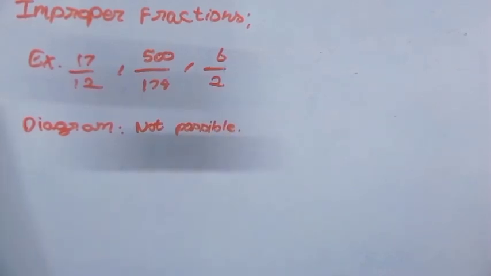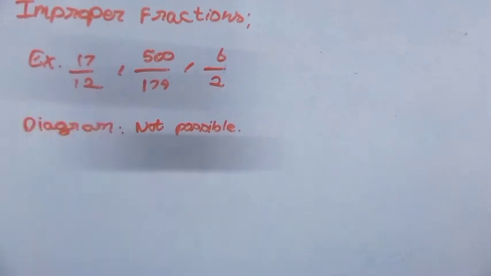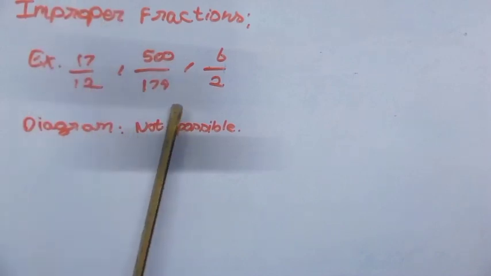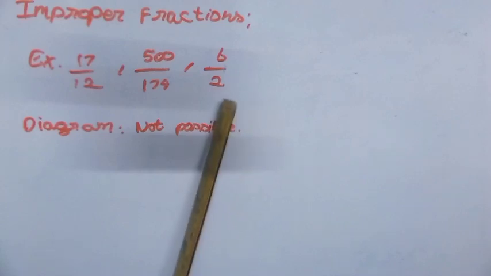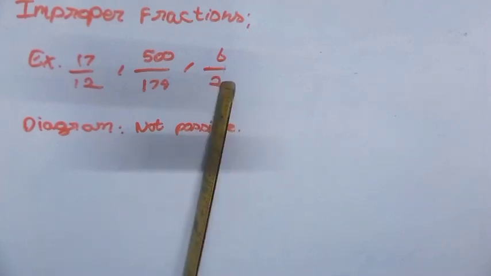All the numerators are greater than the denominators. So 17 is greater than the denominator 12, the numerator 500 is greater than the denominator 179, and the numerator 6 is greater than the denominator 2.